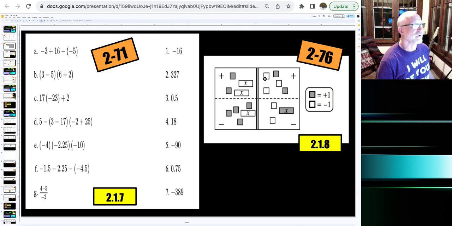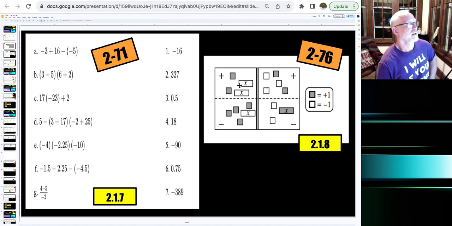And then the second one is the equation mat right here. So this doesn't have the greater or less than sign in the middle, which was our comparison mat. This is our equation mat. These two bars mean equal. So this over here equals that over there. The first thing they want you to do is, can you write out what this sentence says?